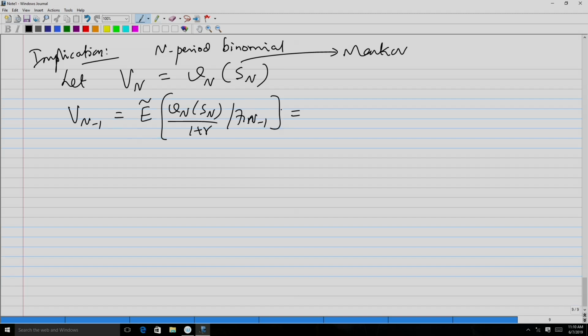Now, we know that for every n and for every function there is another function which is true, because S n is Markov here. Which means that there is another function v n minus 1, a function of S at n minus 1.